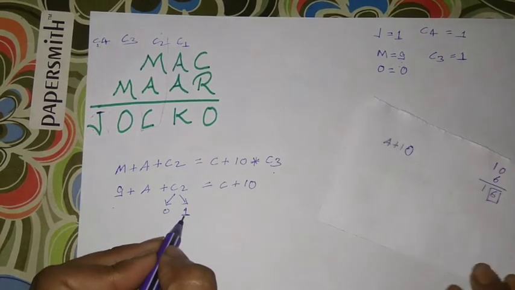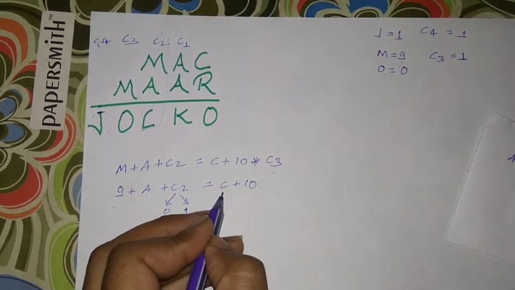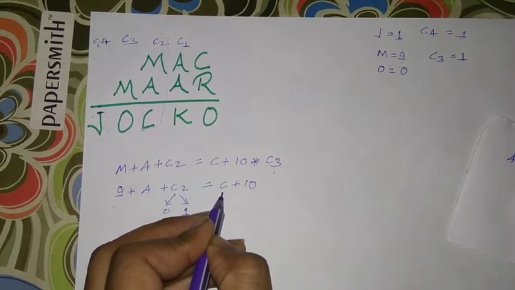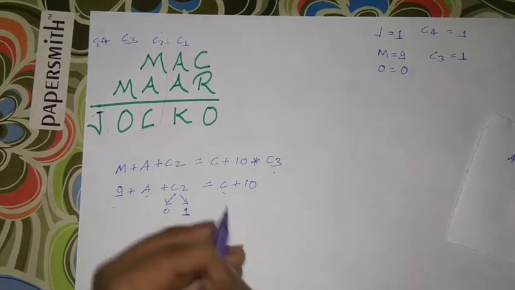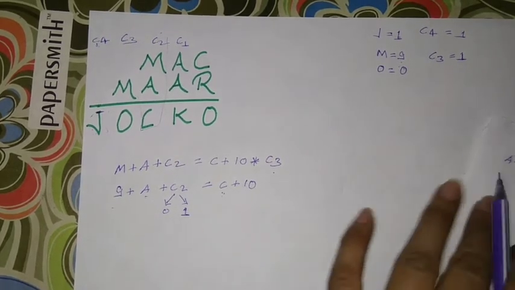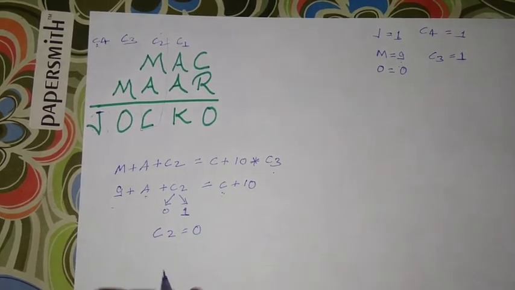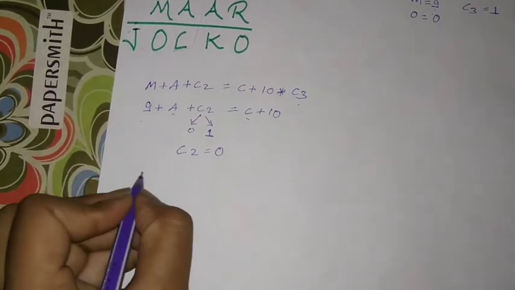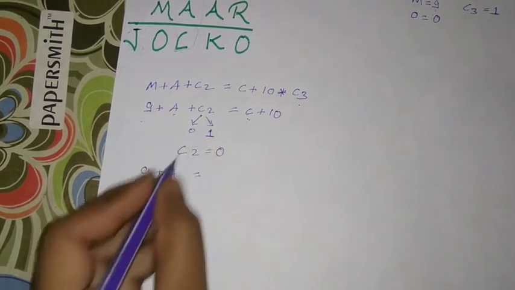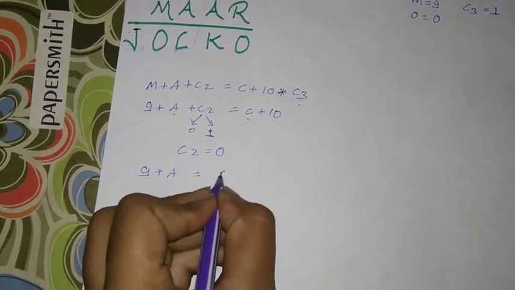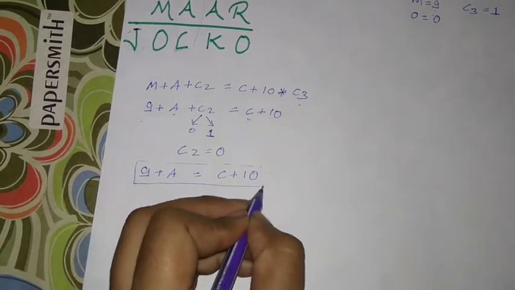So if C2 is 1, we get A at the unit place, but here there is a different value. It is not similar to this value. Here A, but here is C. So we take the value of C2 equal to 0. So we get the final equation 9 plus A equal to C plus 10. Let's assume this is equation A.